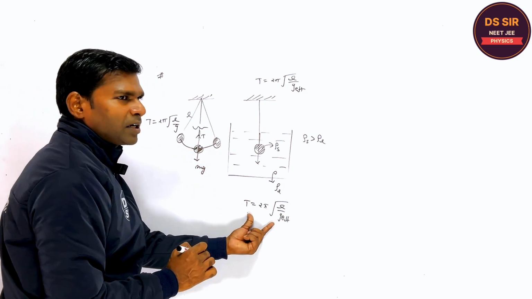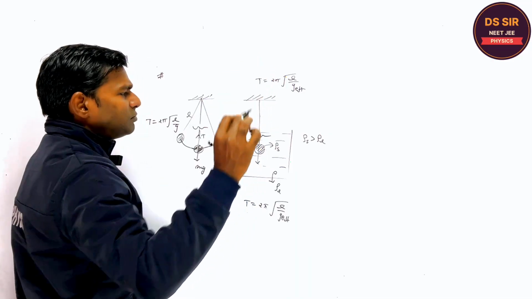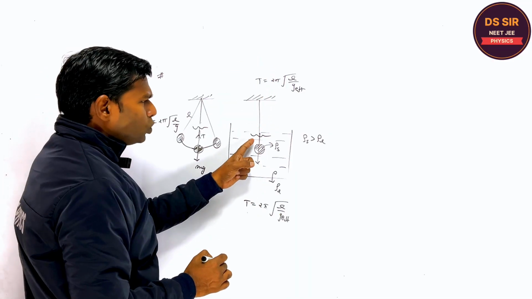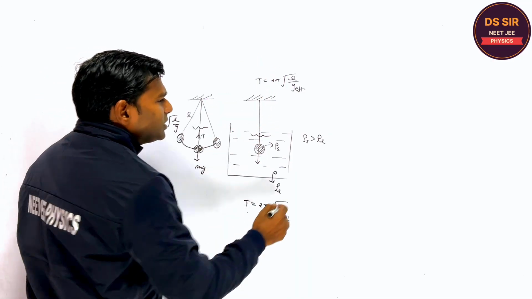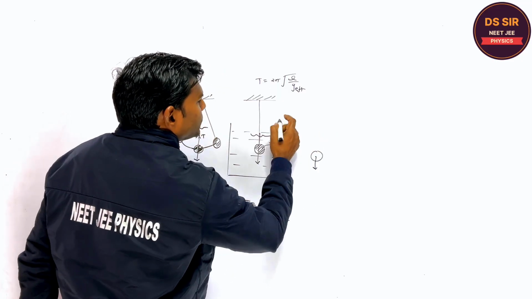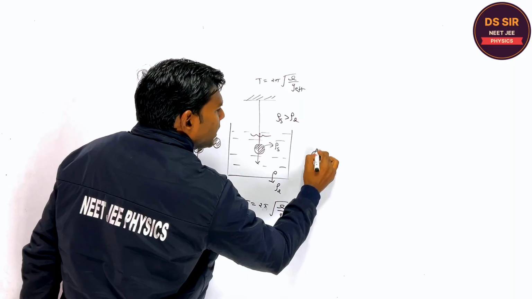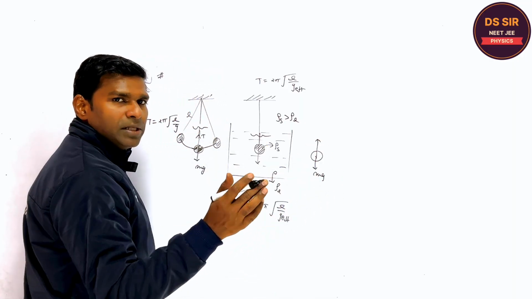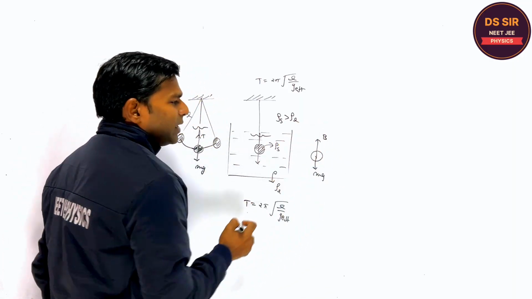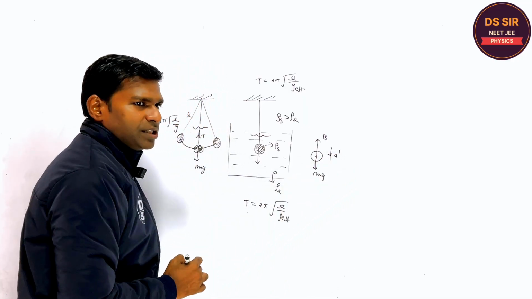To find the g effective over here, you cut this string. When you cut this string, can you tell me how many forces will act upon this? The force will be mg and one more force, please tell, the buoyancy force will be acting, and it will come down with some acceleration a dash.